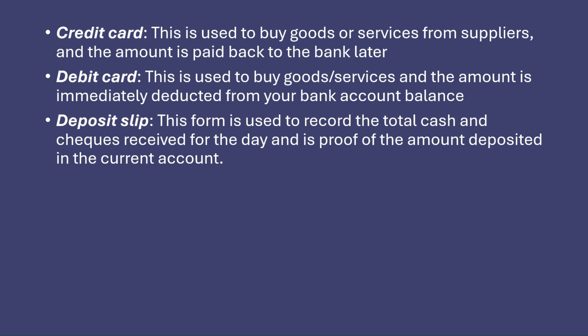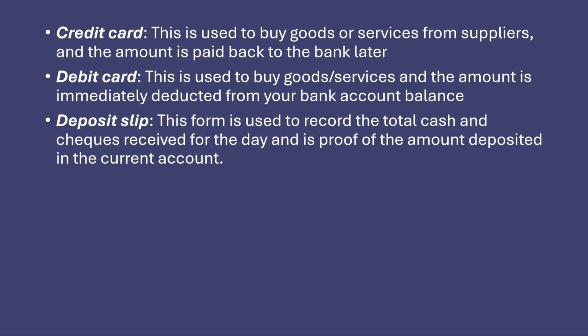Then the last one that we have right there is the deposit slip. This form is used to record the total cash and checks received for the day and is proof of the amount deposited in the current account. Remember that sometimes in a business they would buy using cash.